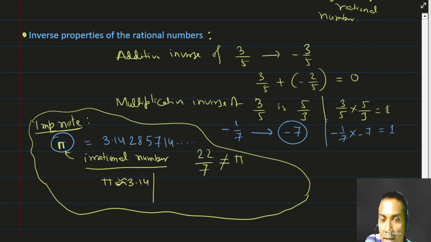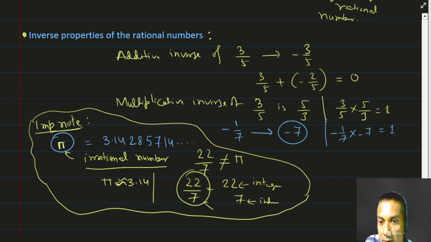So pi is a non-terminating, non-repeating decimal. Clear? But 22 by 7 is a combination of two integers. 22 is an integer, and 7 is also an integer. So 22 by 7 is a rational number.